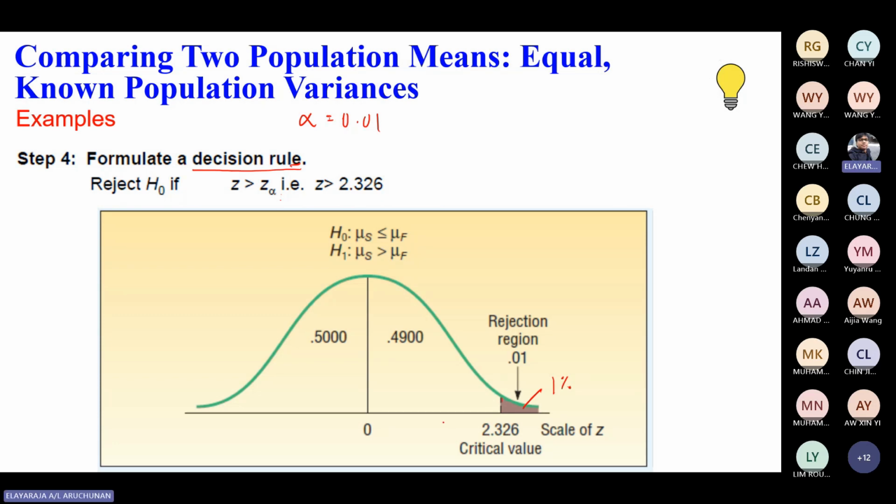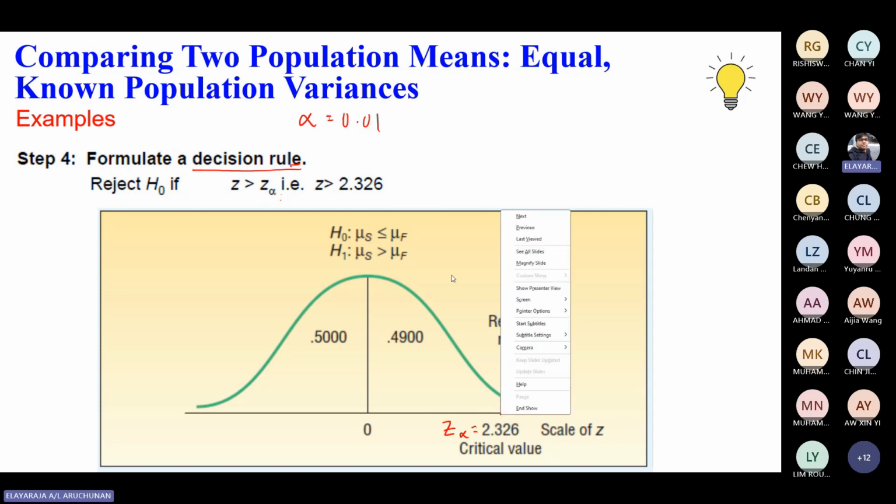In other words, z equals 2.326, the critical value at this level of significance.